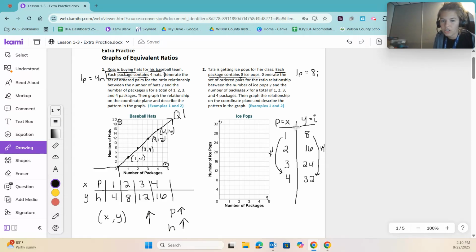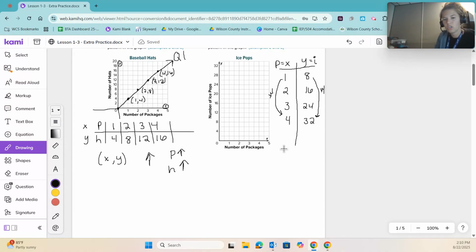So we generated our table, which means we have the ordered pairs 1, 8; 2, 16; 3, 24; and 4, 32. We'll go ahead and plot those points. 1, 8.